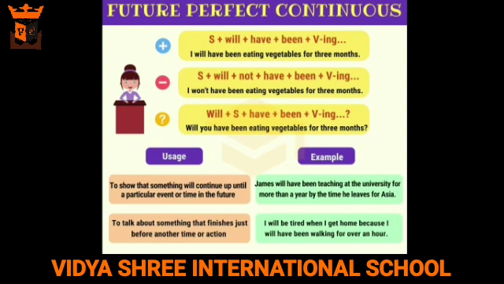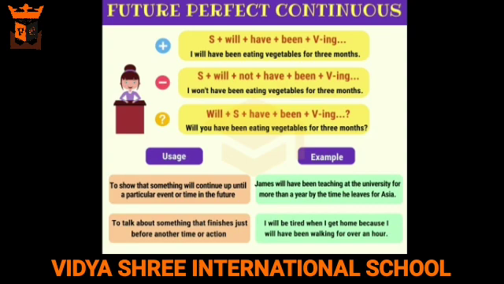Now, where do we use future perfect continuous tense? It is used to show that something will continue up until a particular event or time in the future. For example, James will have been teaching at the university for more than a year by the time he leaves for Asia.